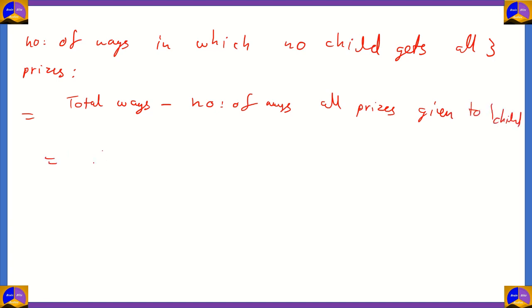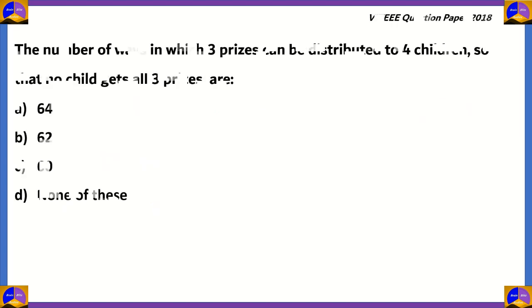So that means it will be 64 minus 4, which is equal to 60. So therefore, the correct option here is option C, 60. So 60 is the correct answer for this question, which was asked in 2018.